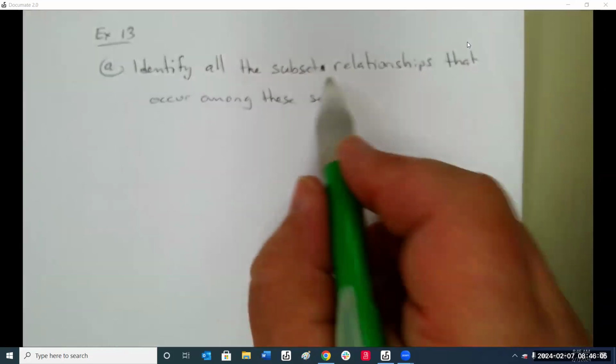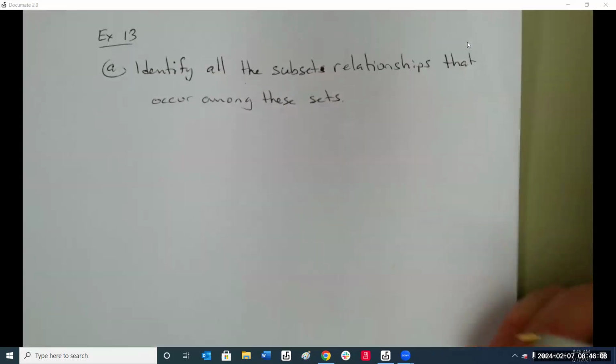So identify all the subset relationships that occur among these sets.